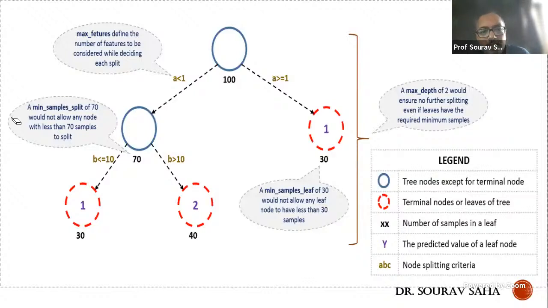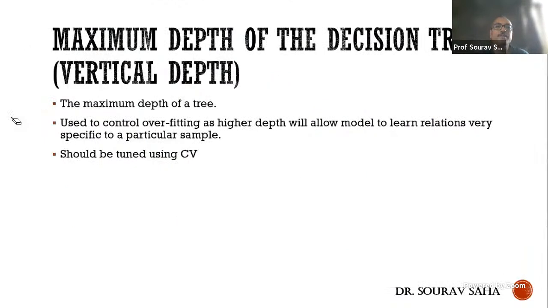Here is an example which specifies what we tried to say right now. So, maximum depth of the decision tree: what depth the decision tree should go. As I said, a decision tree with a very large depth value is not a very healthy one.